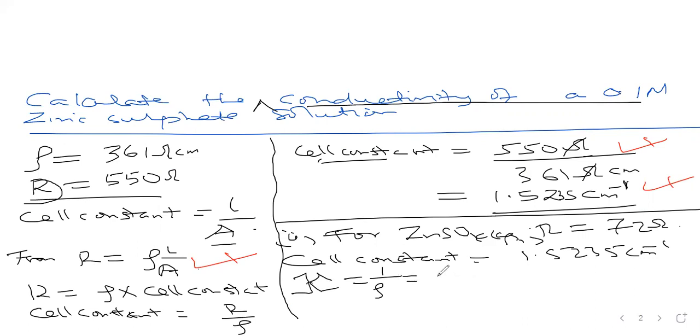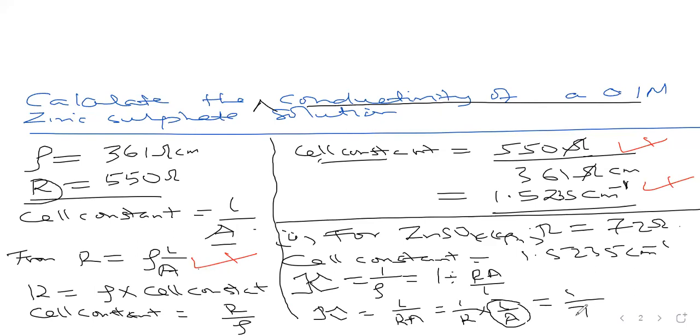Resistivity is the same as RA over L. So this implies that kappa is the same as 1 times L over RA, which is the same as 1 over R times L over A, where L over A is now the cell constant. We have the R as 72.